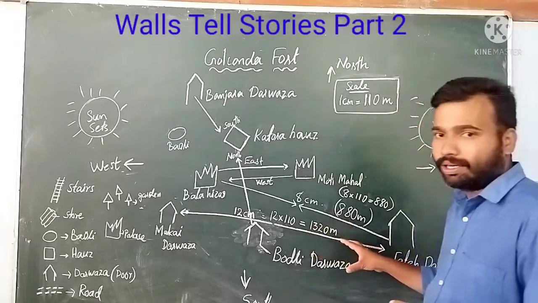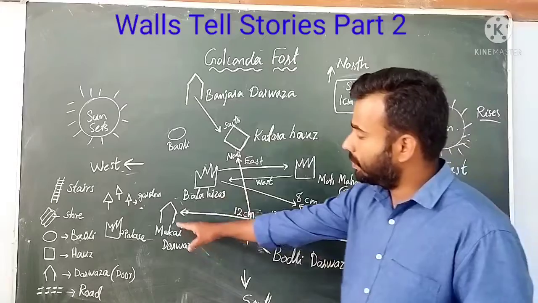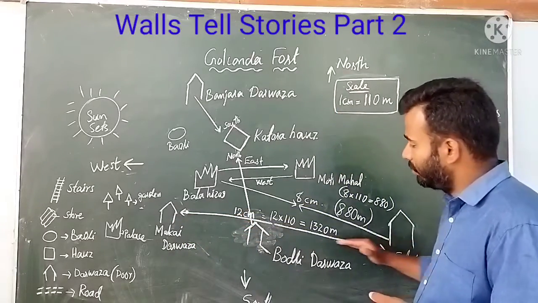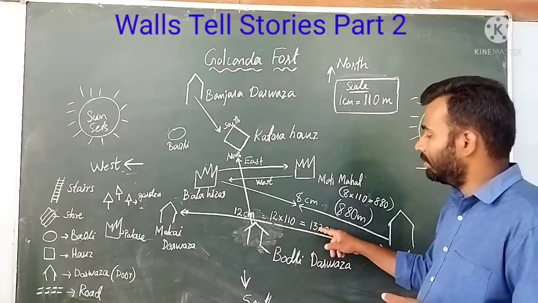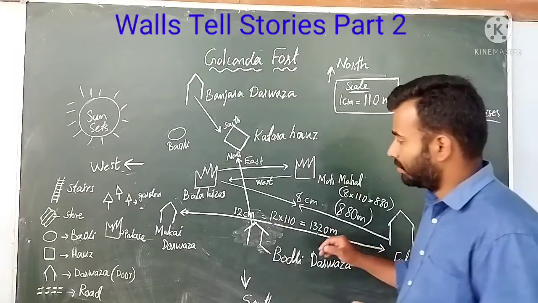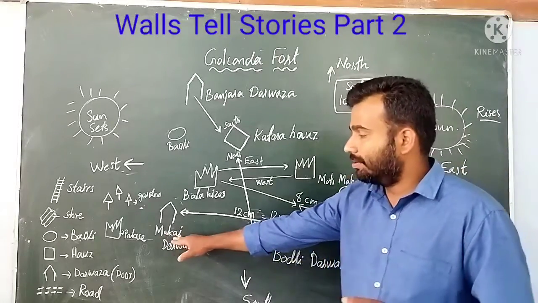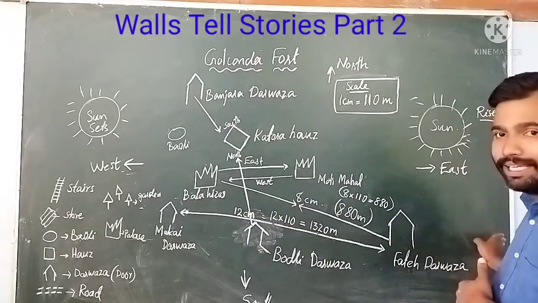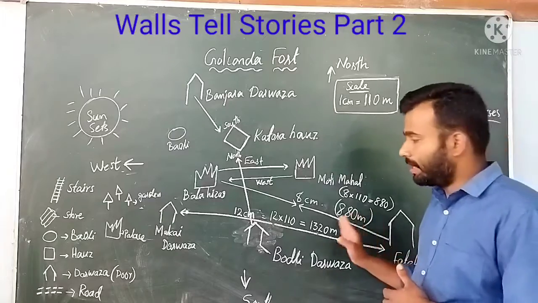So in reality, if you want to walk from this point, you need to walk nearly 1320 meters. If you are starting from Makai Darwaza, you will have to move towards the east direction. Okay, keep it in mind.